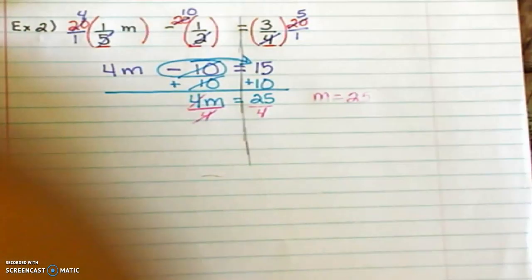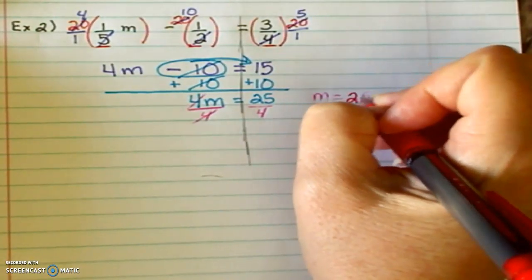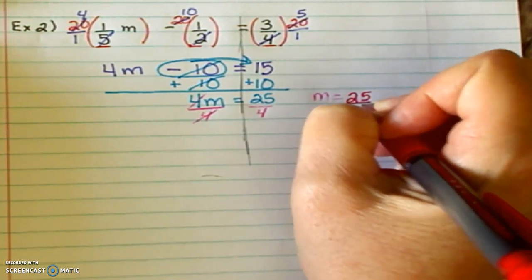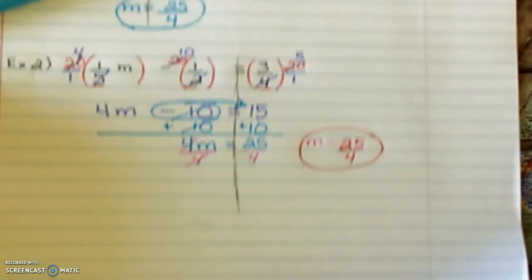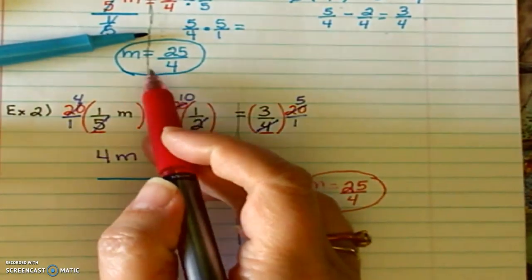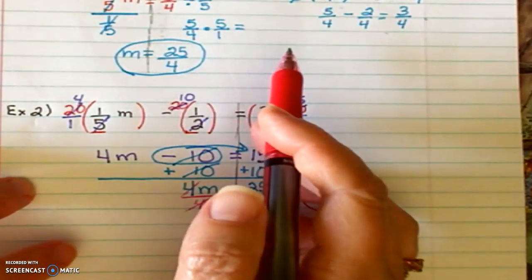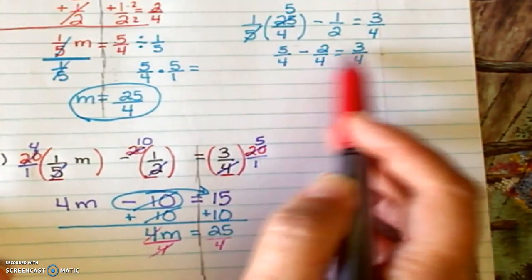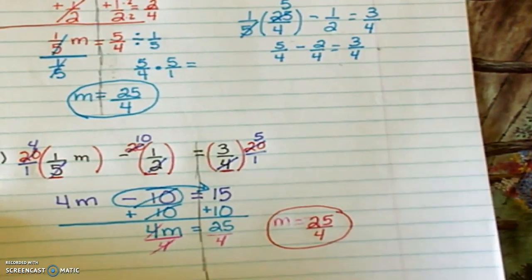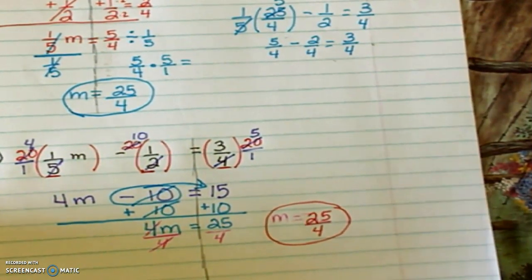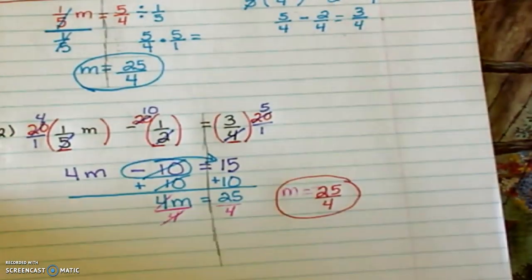That's not writing very well. m is equal to 25 fourths. And that is the same answer that we got before when we worked through it with fractions right up here. And then we went ahead and substituted that back into the equation to prove that that was a true equation. So I'm going to give you just a couple more examples that deal with those fractions.